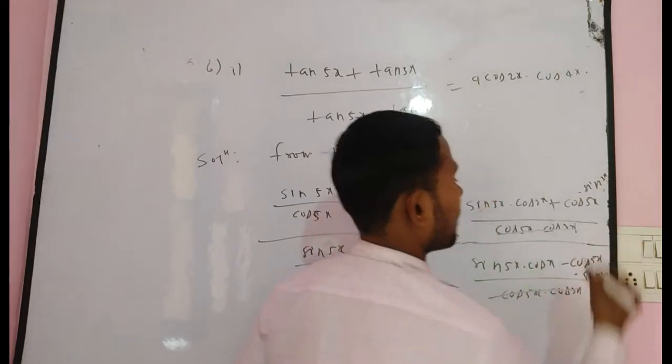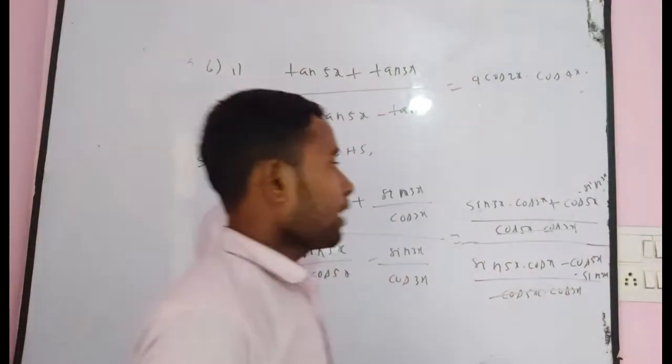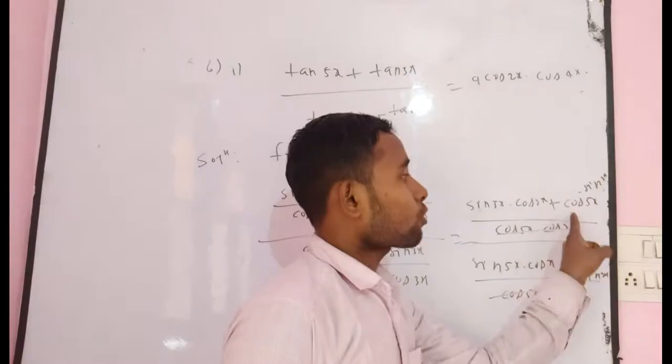Here cos 5x and cos 3x cancel each other. In the numerator you get sin 5x cos 3x plus cos 5x sin 3x, and in the numerator below, sin 5x cos 3x minus cos 5x sin 3x.